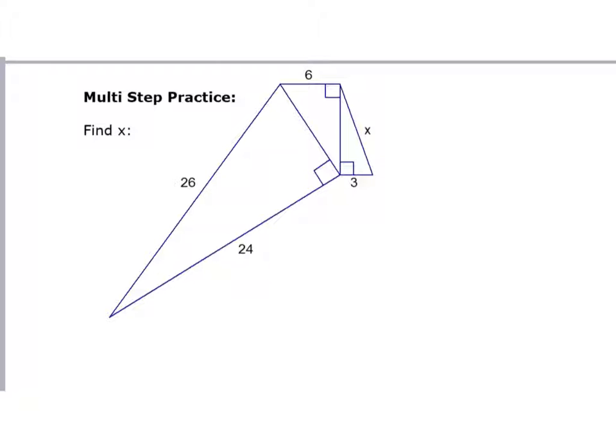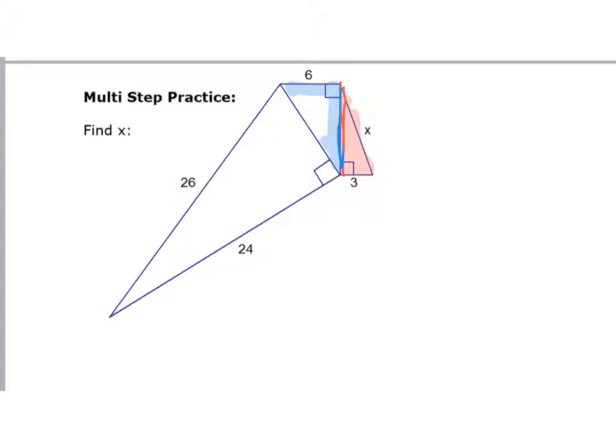All right. I want to find X. X belongs to this right triangle right here. But I can't find it. Why? Because I need to know what this side is in order to know what X is, yes? Okay, so look at the next right triangle.